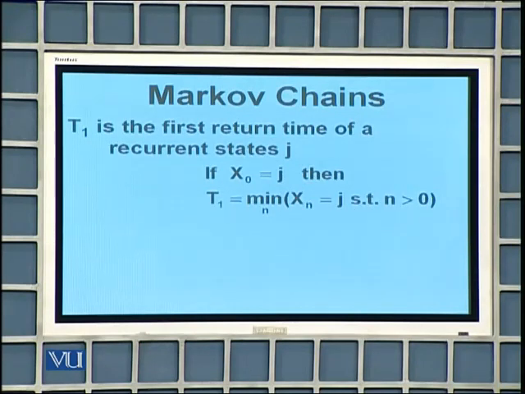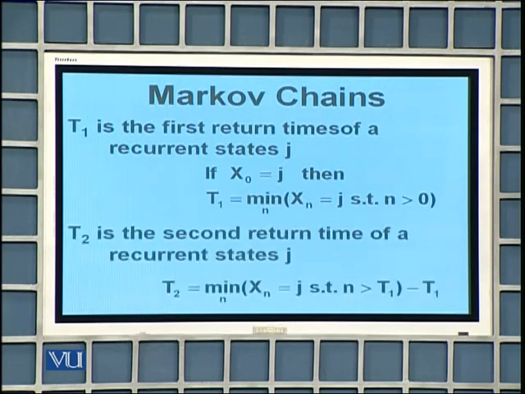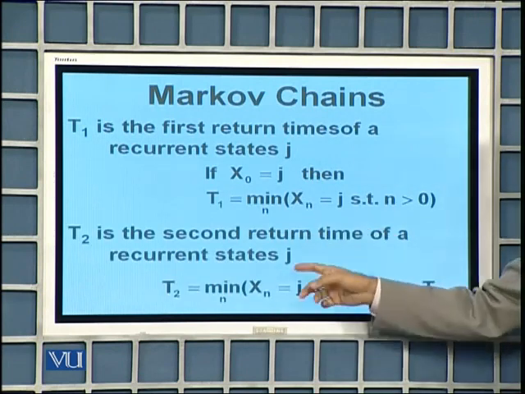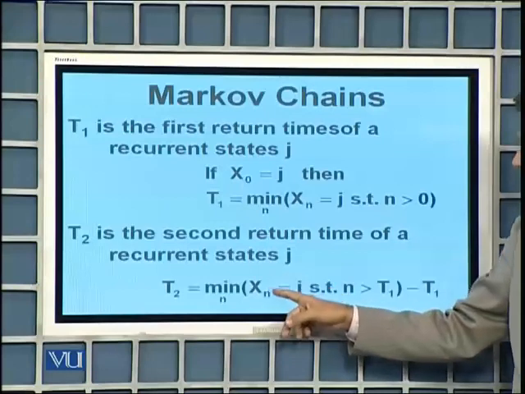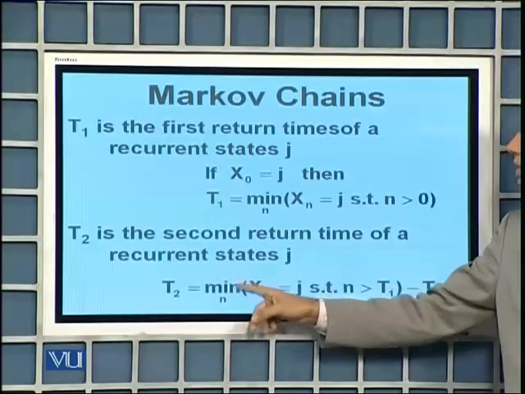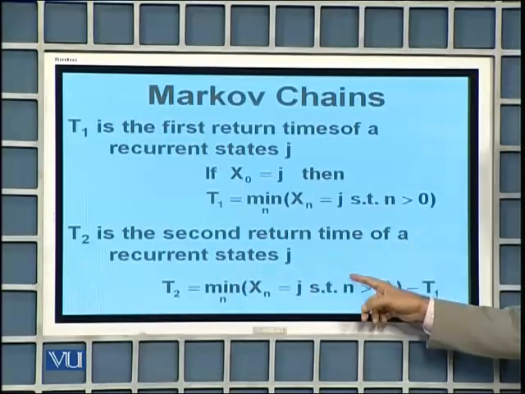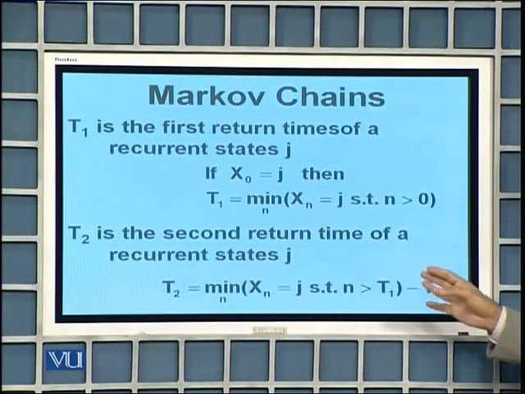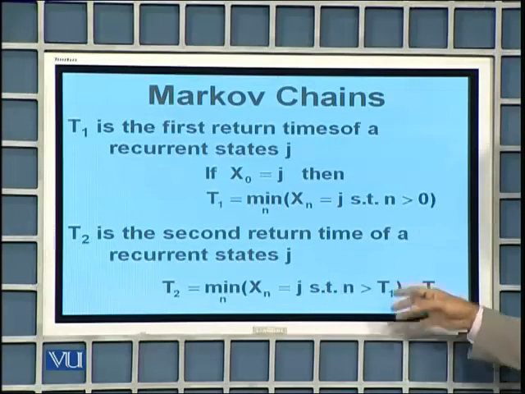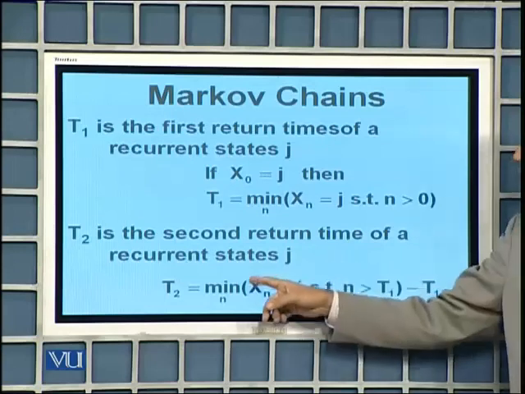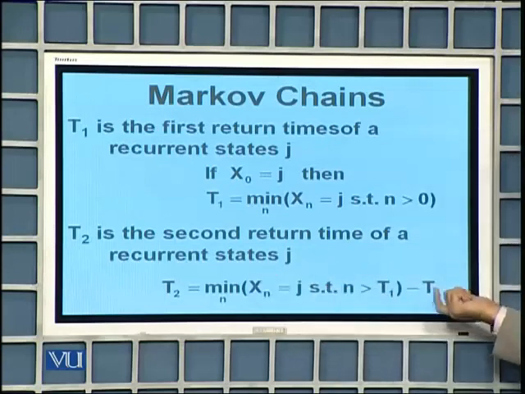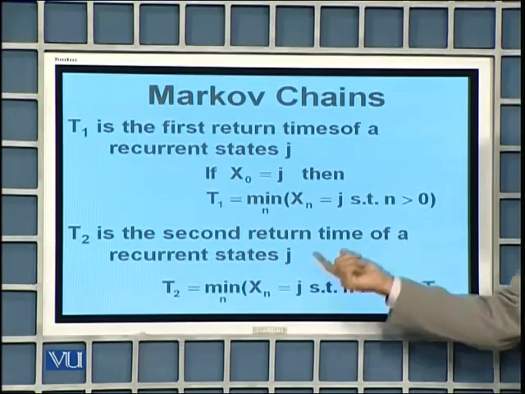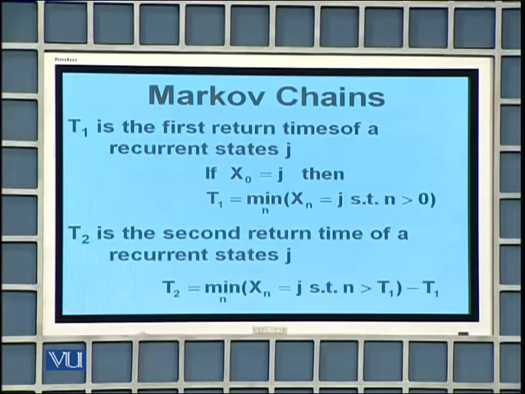Of course, there will be a second return time, and that will be when we are again in state j. We'll take the minimum of all the indices, but now we are going to restrict our n to be larger than t1. So if we take n larger than t1, the index where we are again in state j, and subtract the index for the first visit, then this is the second return time.